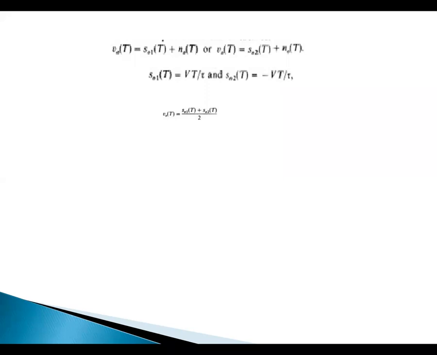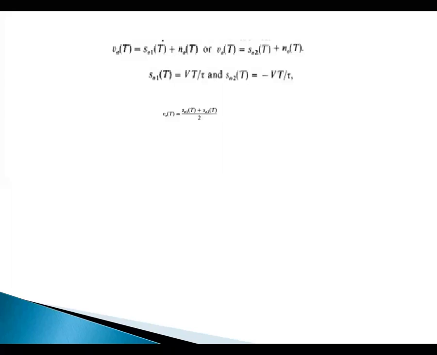V naught of t is the output, that is equal to S01 of t plus N naught of t, or V naught of t is equal to S02 of t plus N naught of t. S01 of t is equal to VT by tau, and S02 of t is equal to minus VT by tau. That is the output: VT by tau and minus VT by tau.